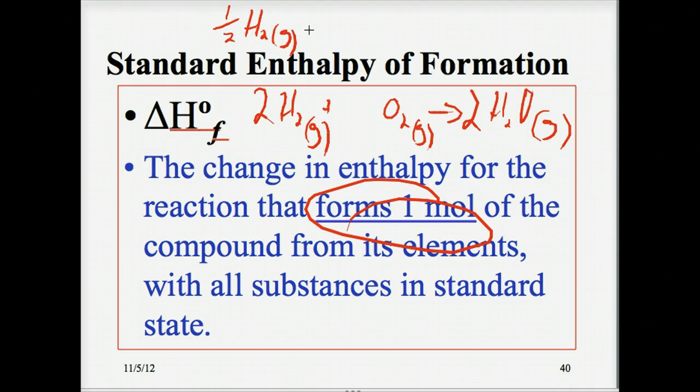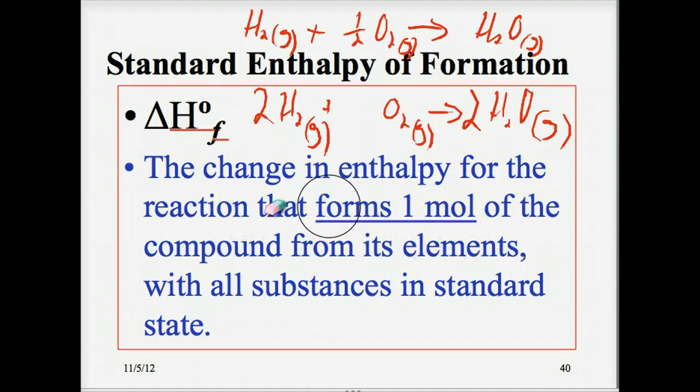Sorry, that's not half, that's 1. This is the half. Whenever you're doing heats of formation, you have to do 1 molar increments. Again, these are all gases, and this top one is the one you're looking for, because you have to do 1 mole increments for your actual product. That actually changes all of the values.